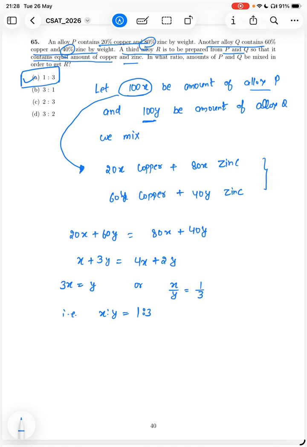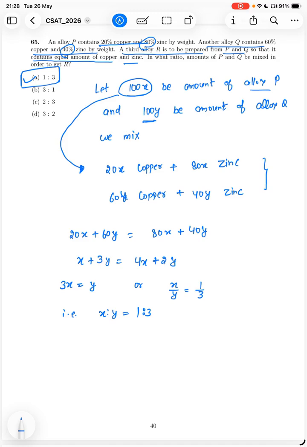So if you add them you will have 200 grams of zinc. So 200 grams copper, 200 grams zinc, and the total weight of the material is 400. So this is a way to verify, but you will not have so much time in the exam. This is the way you can deal with these types of questions.